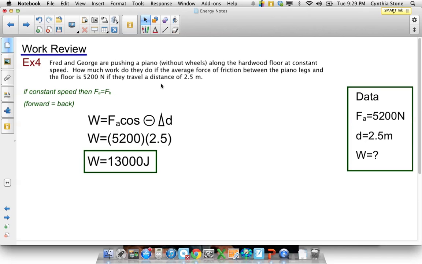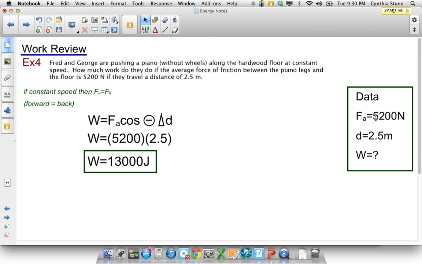So if you remember, if you do a free body diagram, if it's a constant speed, then the applied force must equal the friction force. The forward force equals the backward force. So that's why I can say that I can take that friction force, and it really is my applied force because it's constant speed. It'd be a different problem and involve more kinematics if not, and I wouldn't do that with the work unit.